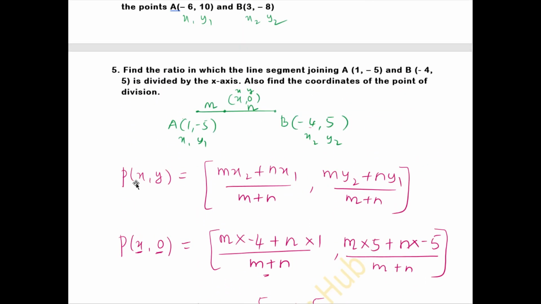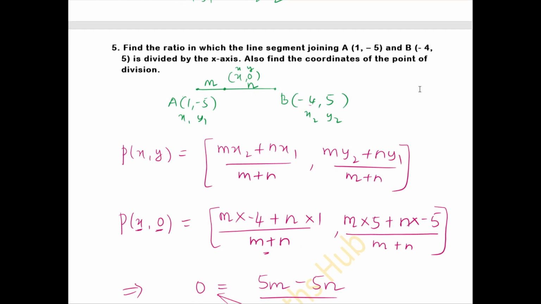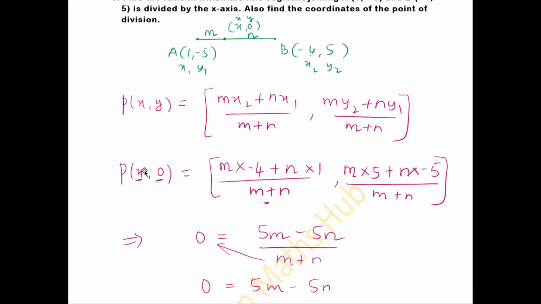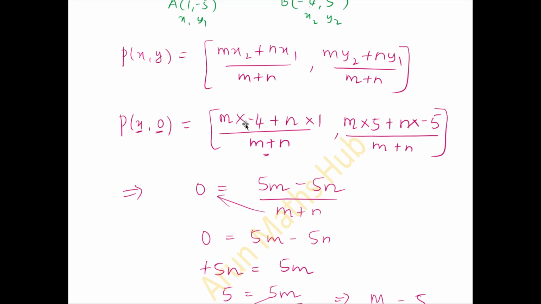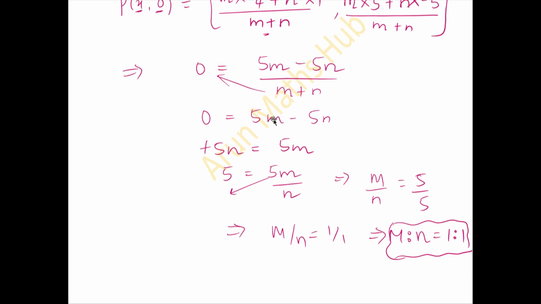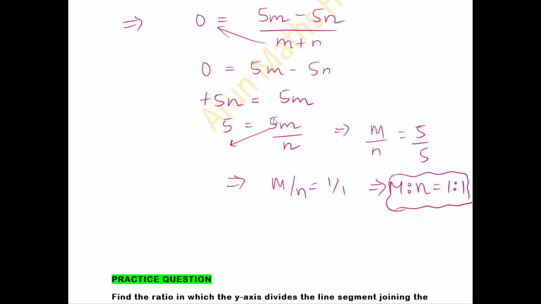Students, they have also asked you to find the coordinates of the point of division. That is, we need to find out the point. If you find out the x, what does x correspond to? X corresponds to (-4m plus n) divided by (m plus n). We should find out the x.